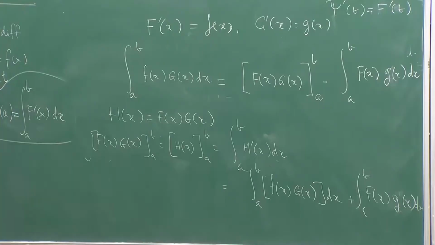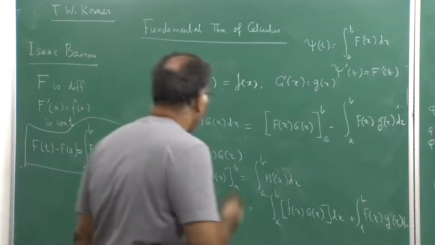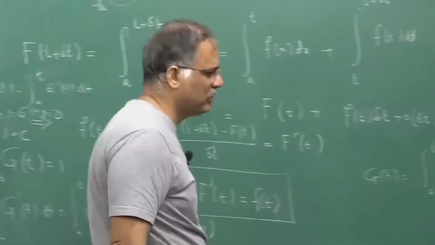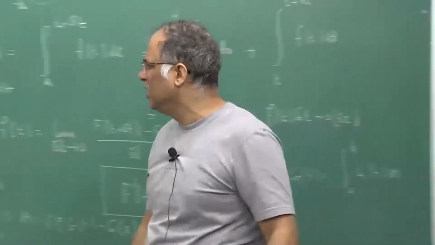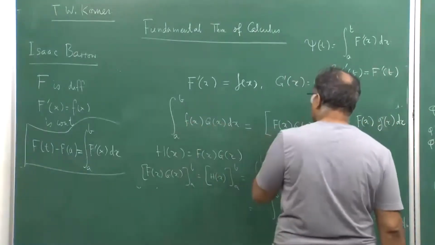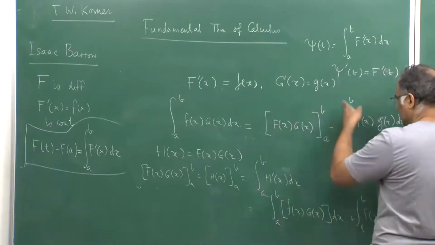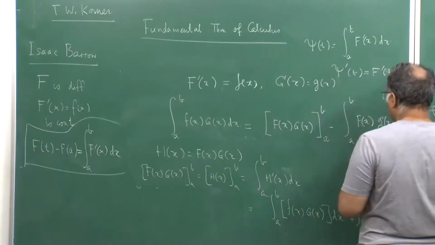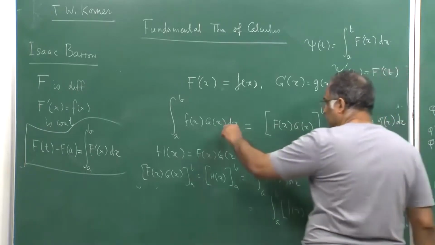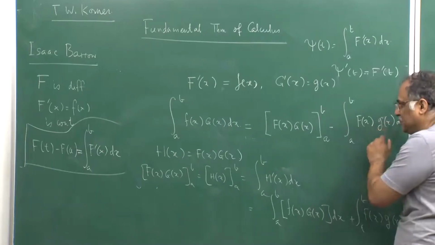So does it rhyme with what you have learnt in your class? When I was a student, I was taught that for fx into gx you see which function is integrable, keep one fixed, the first function, integrate the first function, and you do this minus the integral from a to b of the derivative of the second function into the integral of the first function.